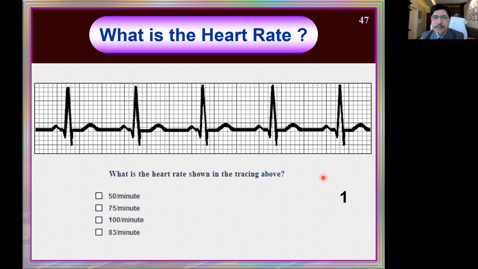look at this ECG and tell me what is the heart rate. How do I know that? I will take the QRS which is falling almost on this line. Okay, nothing is falling on the thick line. So let us say I have taken this, and this is 1, another is 2, another is 3, isn't it? This line is the immediate line.